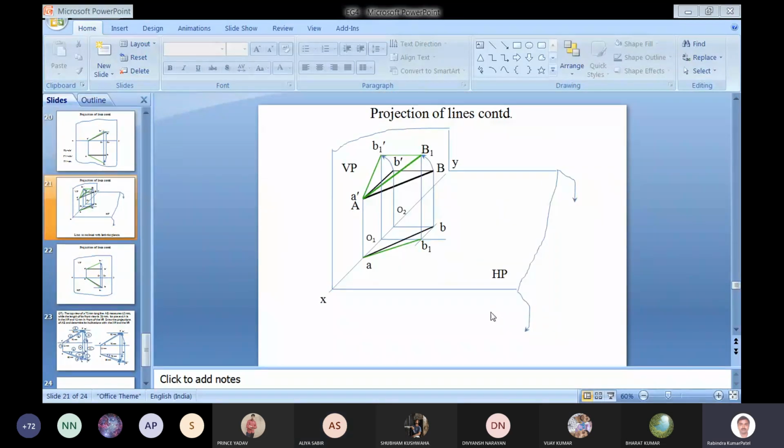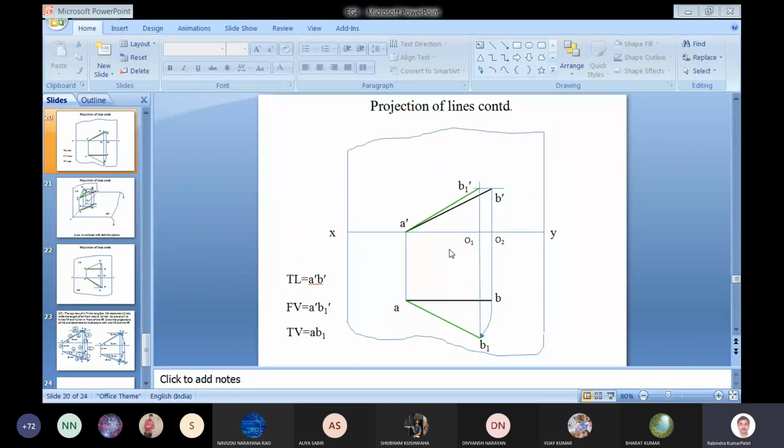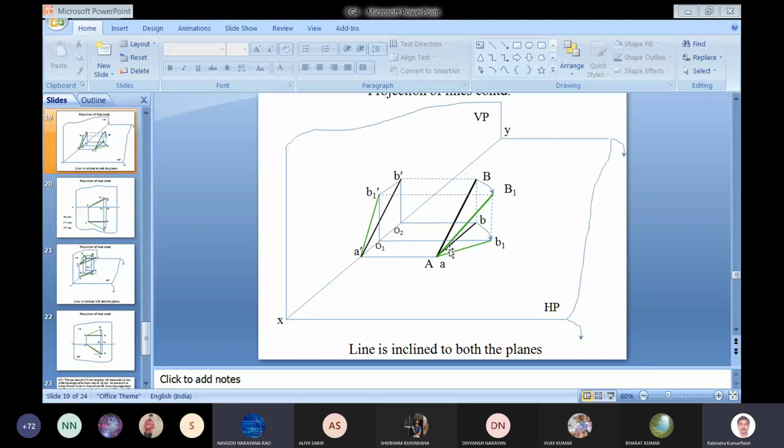Here also, similar case, sir. In the before case, AB1 has the true length projection on which plane, sir? AB1 is the projection on the horizontal plane. True length, sir, but true length is on the vertical plane, sir. But on the vertical plane, actually both are not parallel, sir.